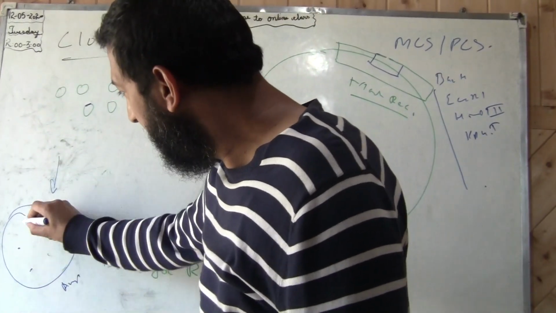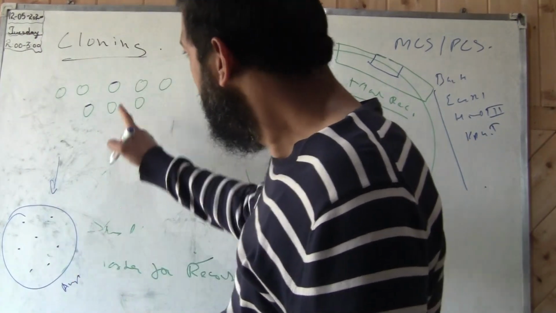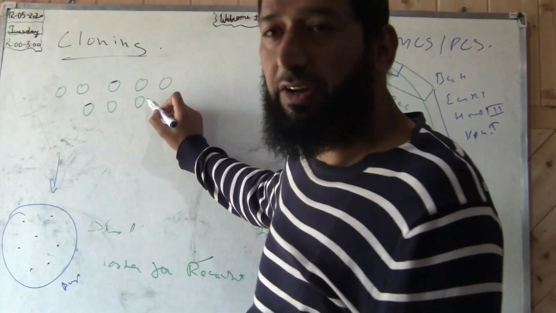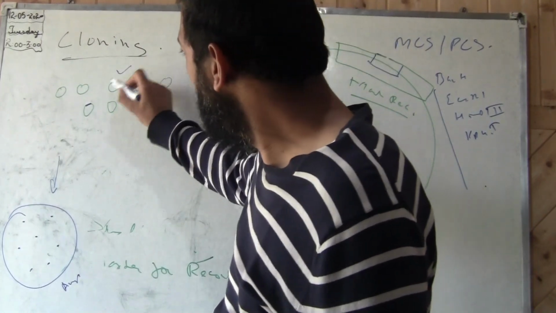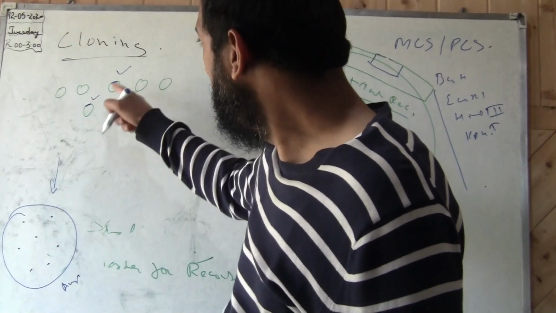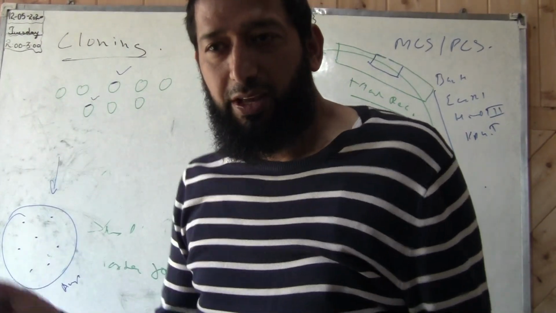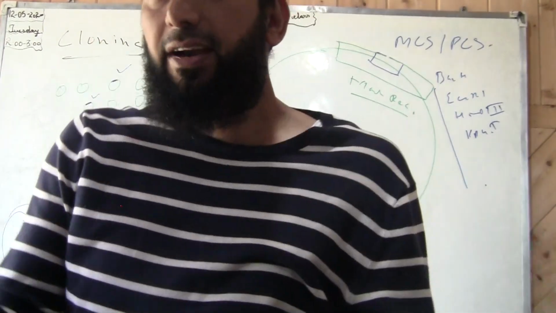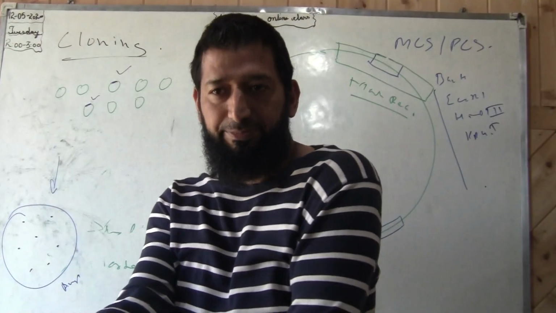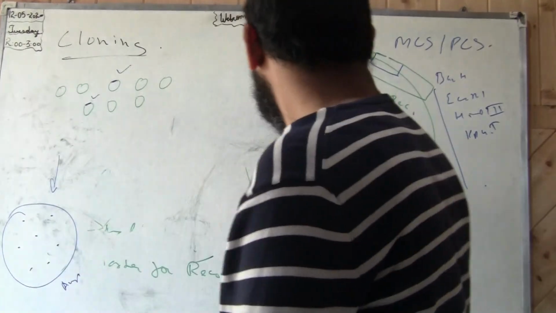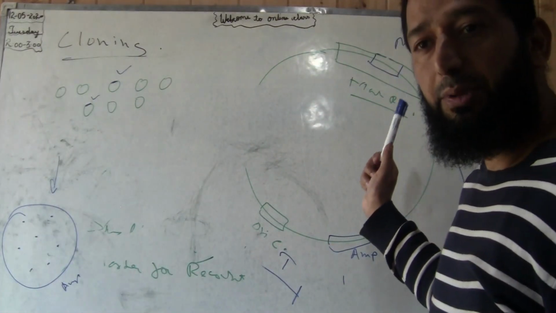Now you do not know which of these have your gene of interest, because only two of these vectors have the gene of interest, but the others will also grow. So you are confused. You have a mixture of empty vector and gene of interest.